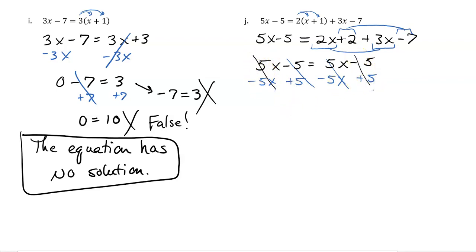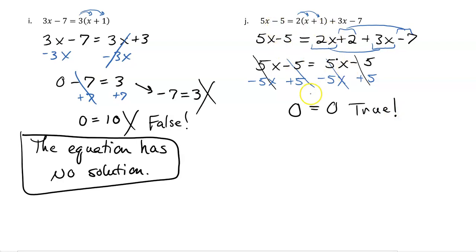So the 5x's, the 5's, the numbers, I'm left with really on the left 0 and on the right side also 0. And again, unusual, but is 0 equal to 0? Is this a true or false statement down here? Well, it's true, right? 0 does in fact equal 0.